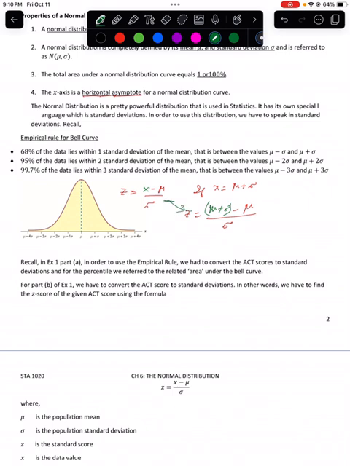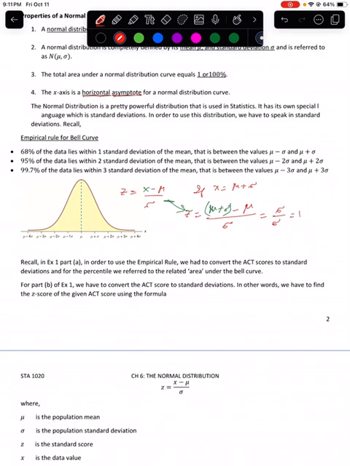When you remove the brackets, the mu and the mu will cancel out, and you will be left with sigma over sigma, which is 1. So one standard deviation away from the mean gives a z value of 1. When we are two standard deviations away from the mean on the right side, the z value will be 2.